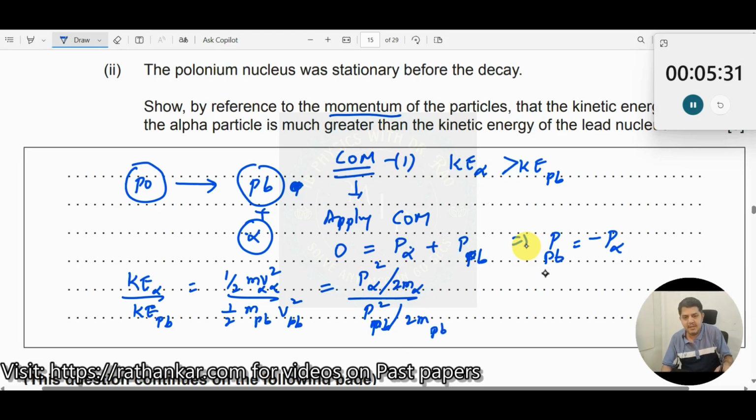Now we know that p lead is equal to minus p alpha, so when I square it the negative goes away, and these two cancel, as do the 2s. So I get m lead divided by m alpha. Therefore m lead is larger than m alpha. What is the mass of lead?